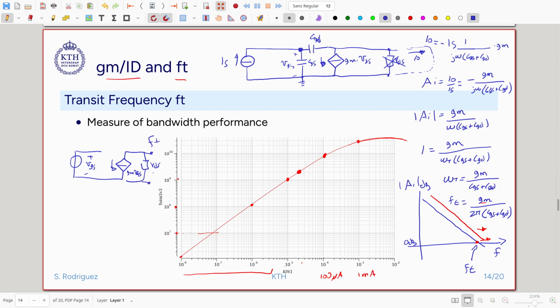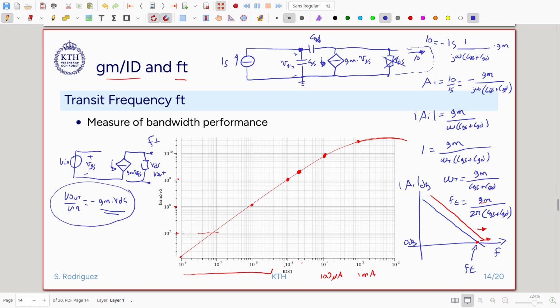Okay, so we have V out, and this is V in. So we have that V out divided by V in will be equal to minus GM times RDS. This is unloaded transistor, so that is what we call the intrinsic gain of this transistor, biased at a particular current. And this is also interesting.